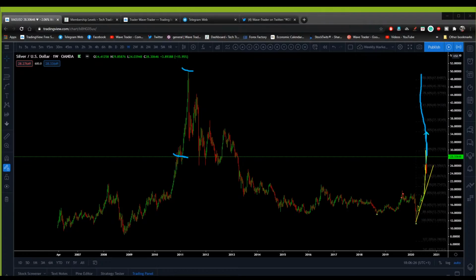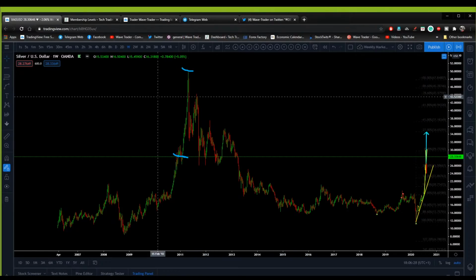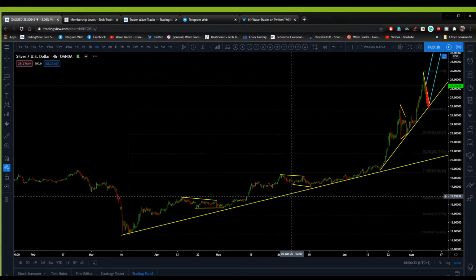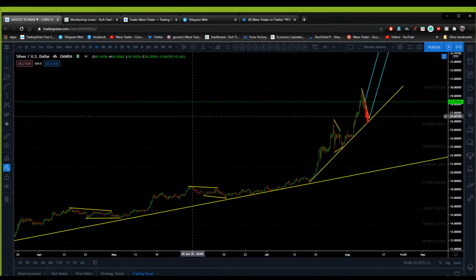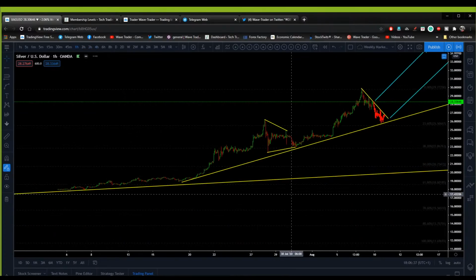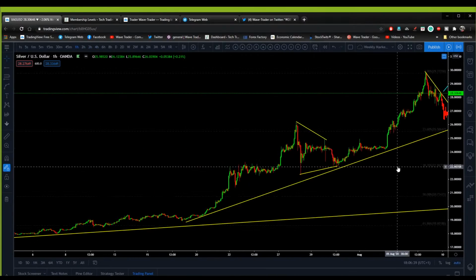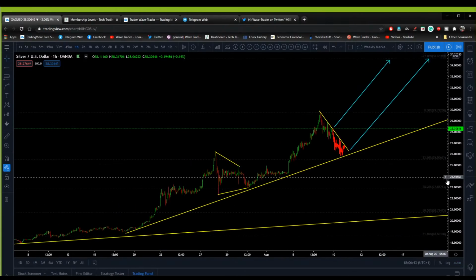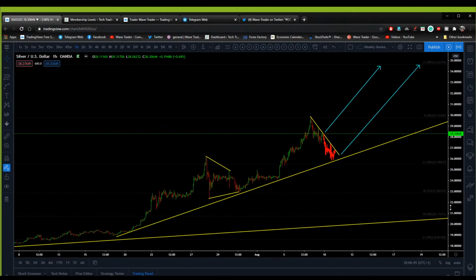It can rise very aggressively, can push up, so use a proper risk reward ratio and look for it to continue higher. If I look at the lower time frame, this correction which is just forming over there could complete, and silver could go beyond 30, up to 35.